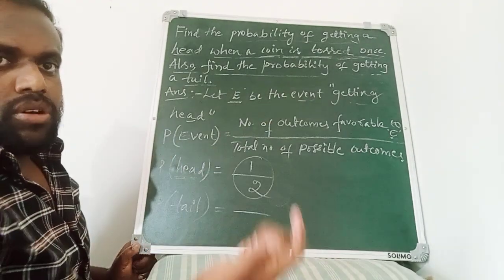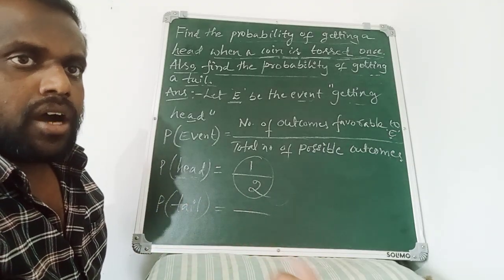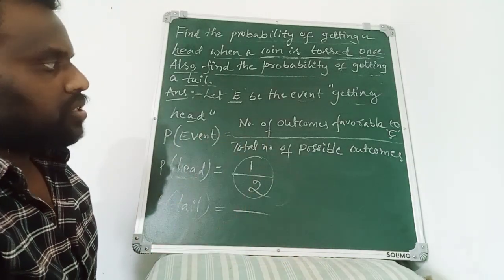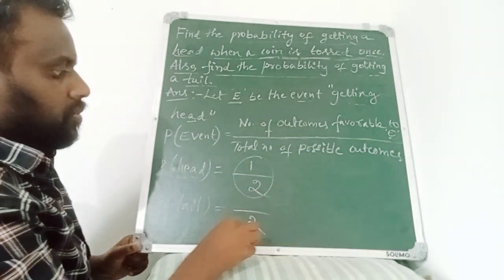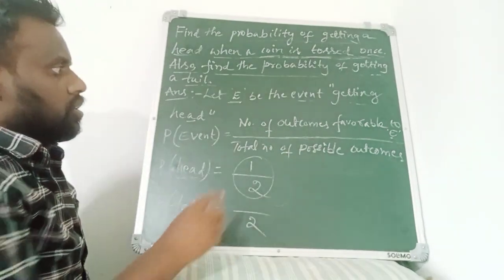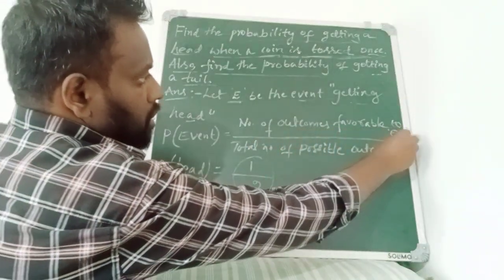So when a coin is tossed, there are only two chances. We will get head or we will get a tail. So the total number of possible outcomes is 2. Here also 2.